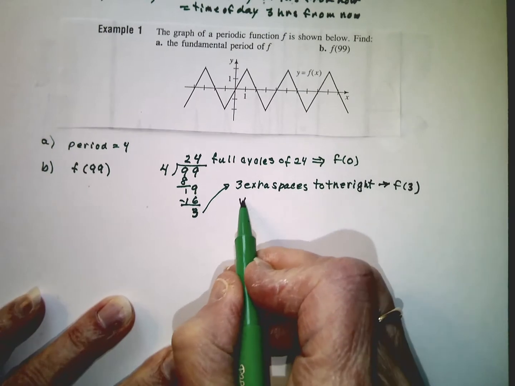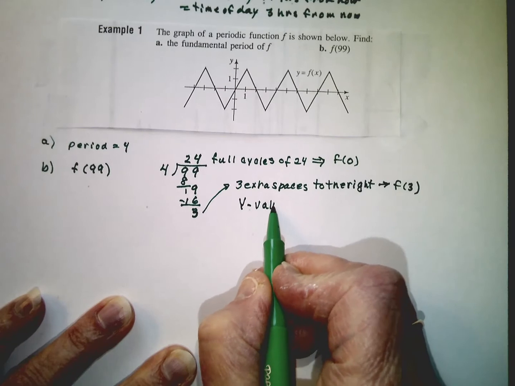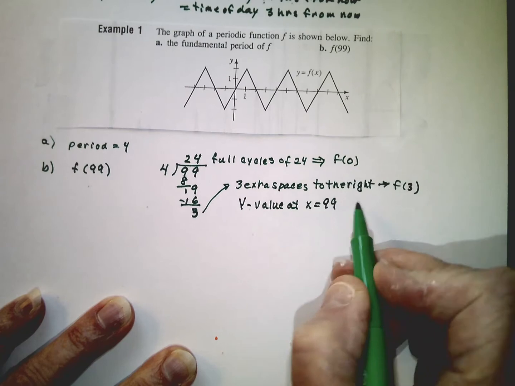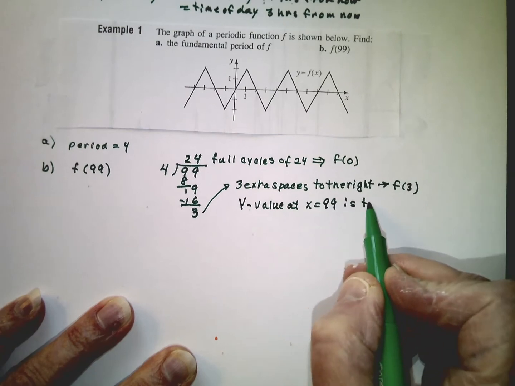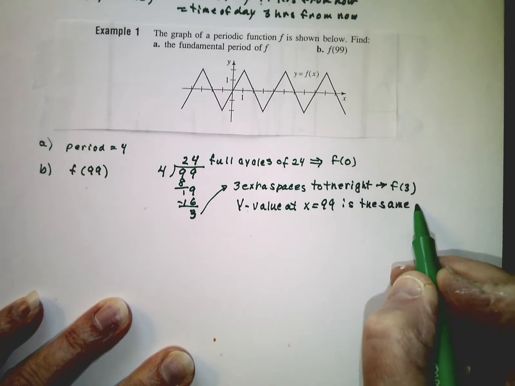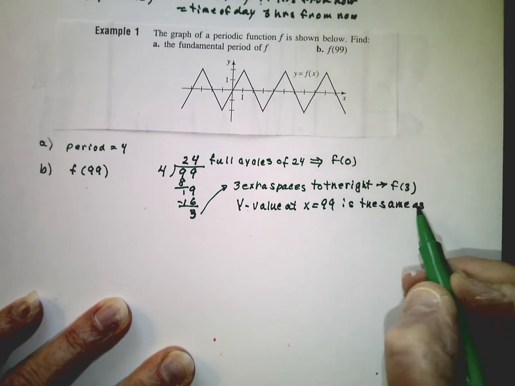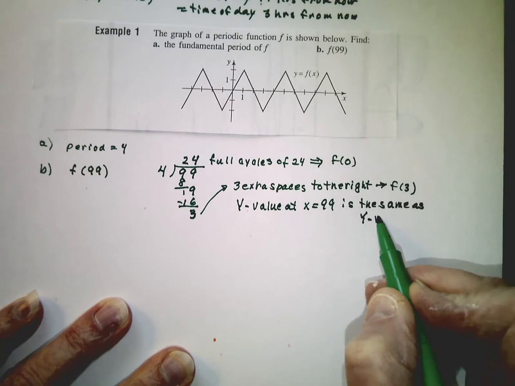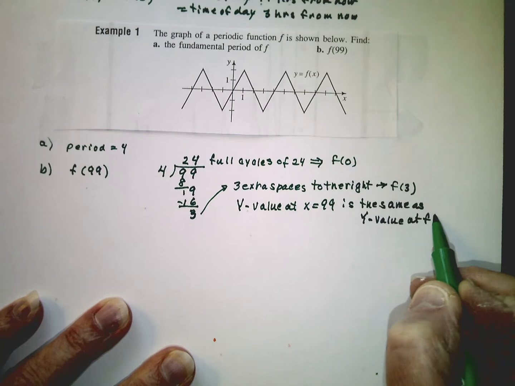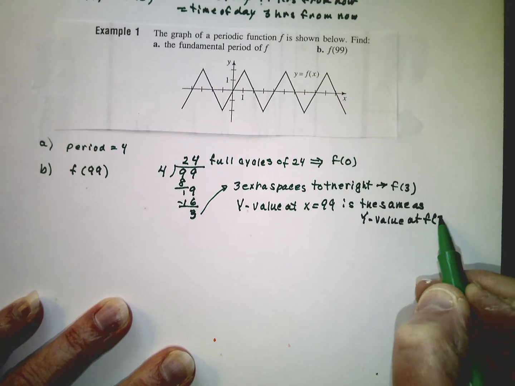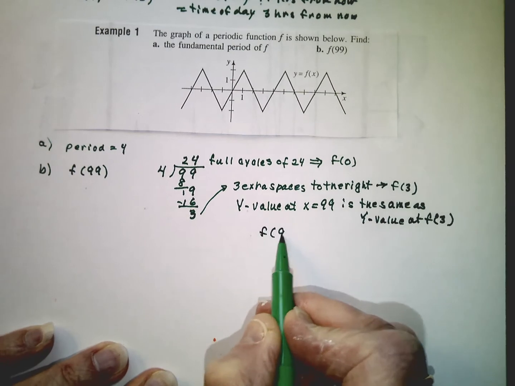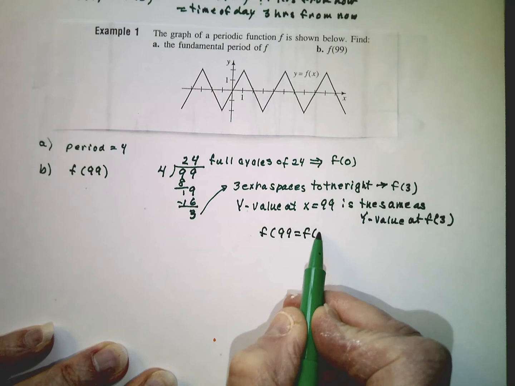which means the y value at x = 99 is exactly the same as the y value at x = 3. So f of 99 is going to be exactly the same as f of 3.